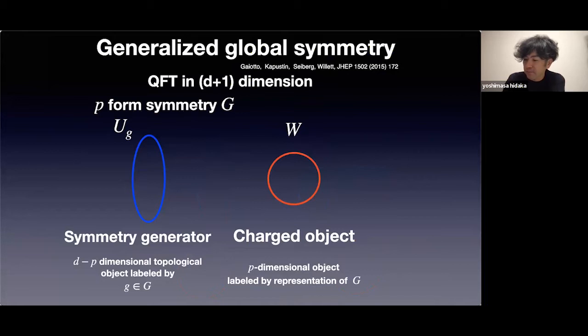But here is a summary. The symmetry generator is a topological d minus p-dimensional object labeled by the group element, and the charged object is a p-dimensional object labeled by the representation of the group.